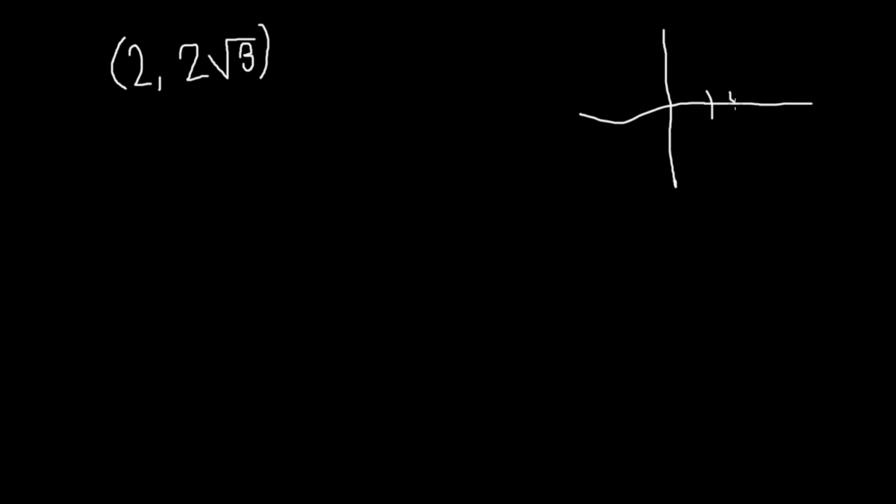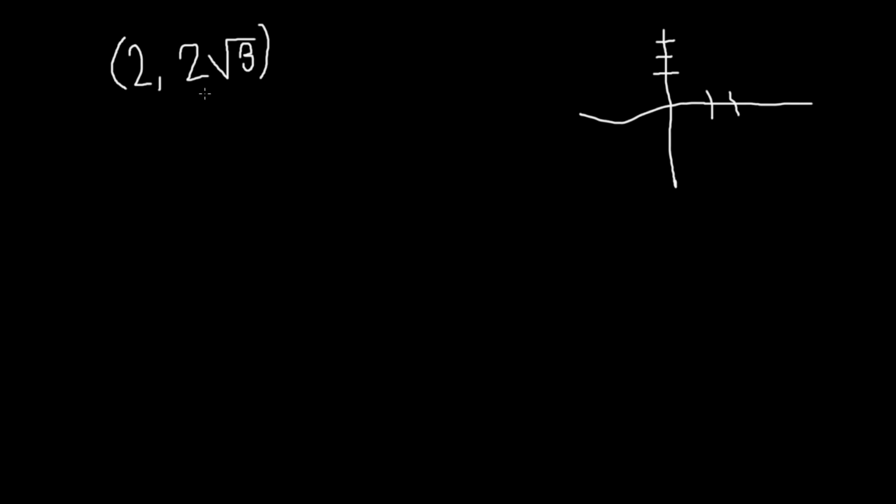Now we will go over some examples. Let's say a point 2 and 2 square root of 3. First of all, let's see what quadrant this point is in, just for us to visualize where this point would be.